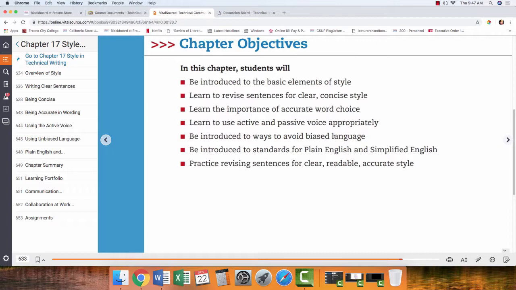Okay, avoiding biased language. You want to take care not to emphasize socioeconomic difference, age difference, gender difference, and to make it sound as though some people are more important than others because, well, primarily in business, that's just offensive, and if you're in business, you want to avoid offending people.